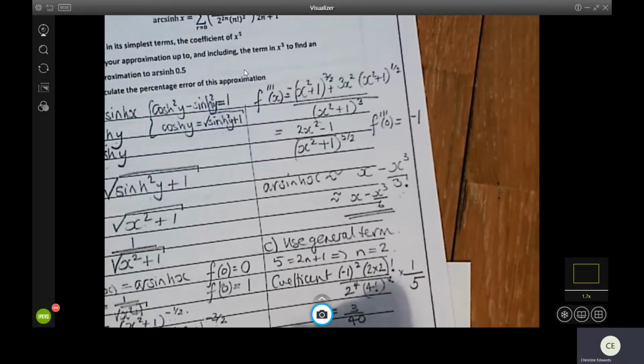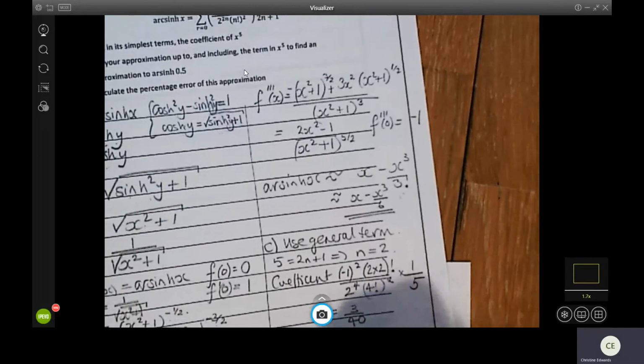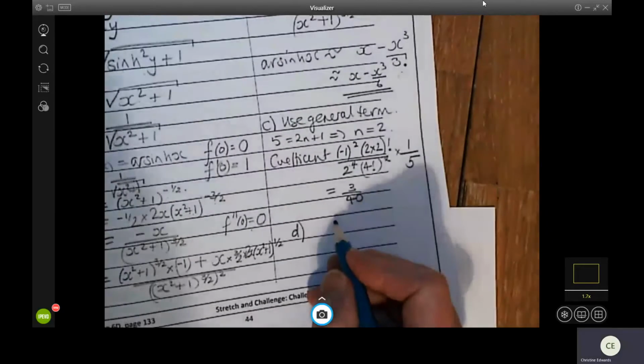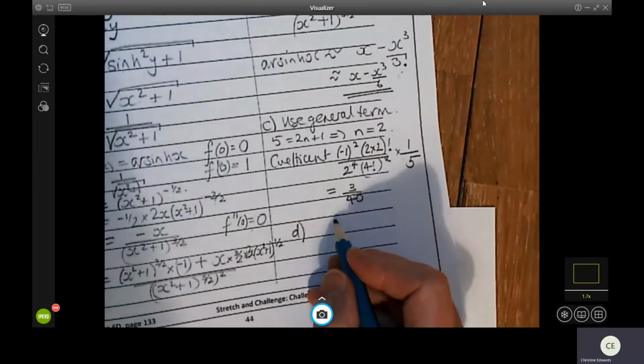So now I can do part D. I'm being asked to use my approximation up to the x to the 5th term to find the value when we sub in 0.5.